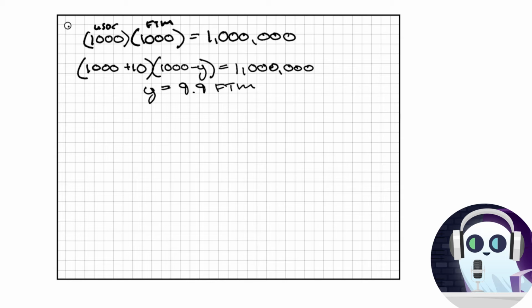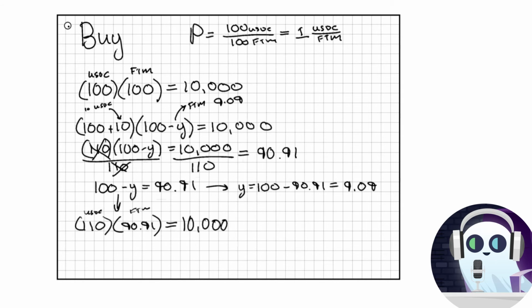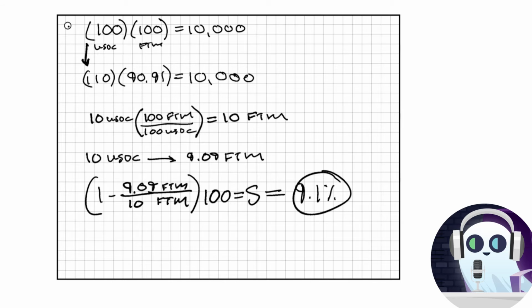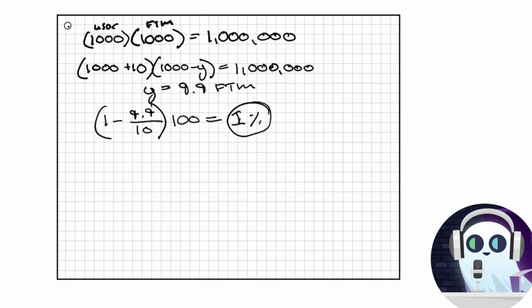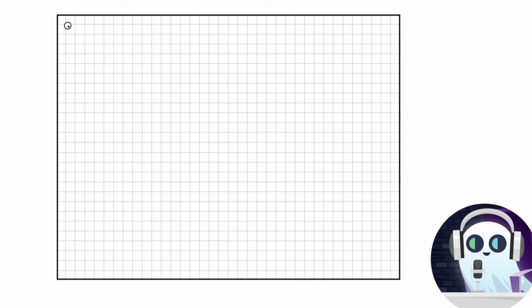So in this case, if we want to calculate slippage, it would be 9.9 over 10 times 100. And then that comes out to 1% slippage. So you can see, if we have more liquidity, obviously slippage will go down. And in this case, it went down from 9.1% all the way down to 1% by 100xing the liquidity, essentially. So let's move on to a sell transaction.